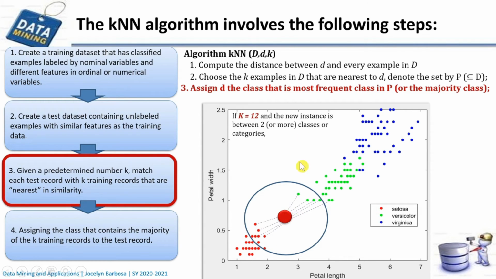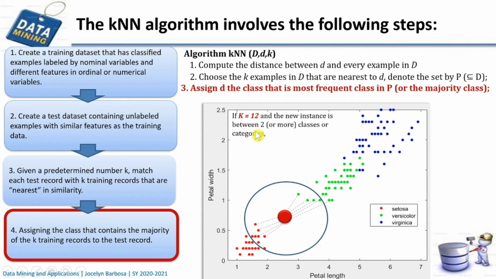So, same thing, we assign d to the class that is most frequent in P. This is our P with 12 nearest neighbors. If K is equal to 12 and the new instance is between two or more classes, in this example 8 nearest neighbors are red and 4 nearest neighbors are green.